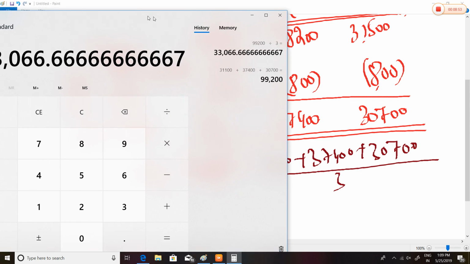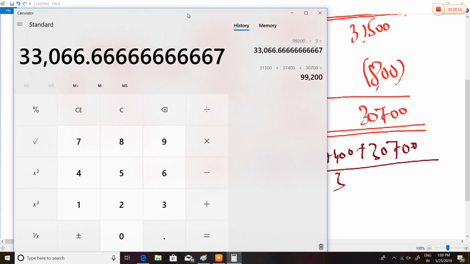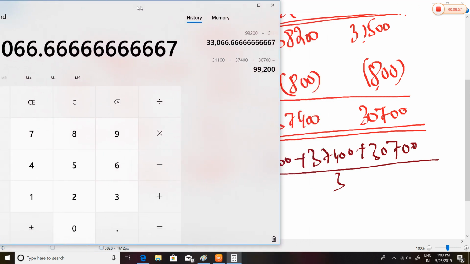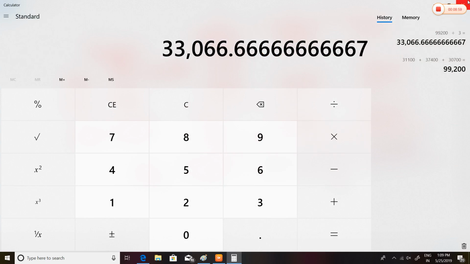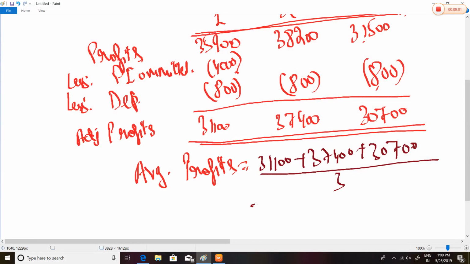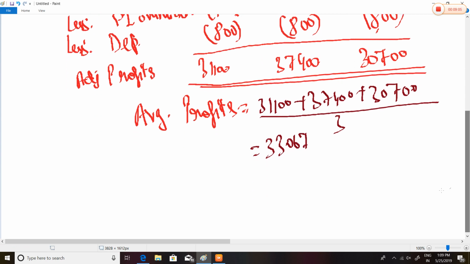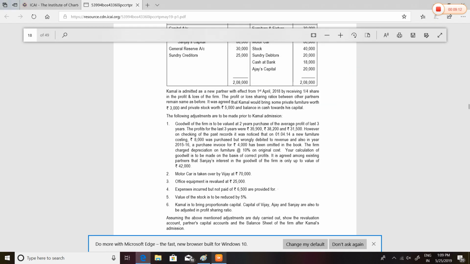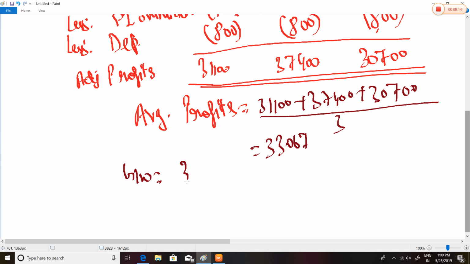It would be 33,067 rupees. Goodwill, two years purchase. Take 2.